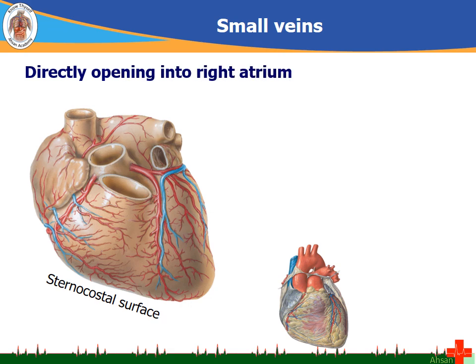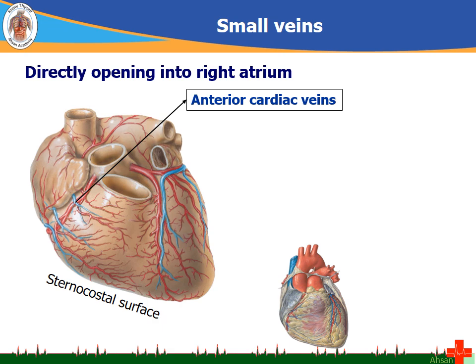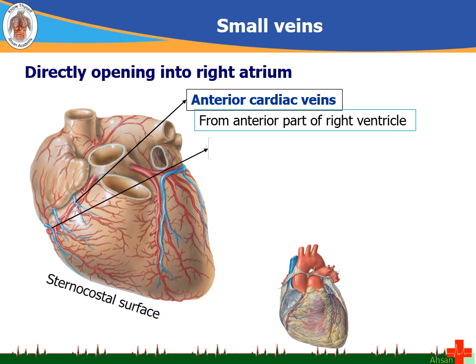Other small veins are labeled here. You can see the anterior cardiac veins. These run in the wall of the sternocostal surface, the right ventricular part. They are multiple in number, more than one. This is the right marginal vein.